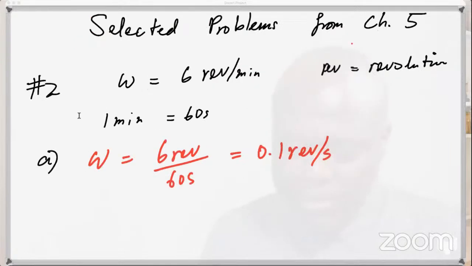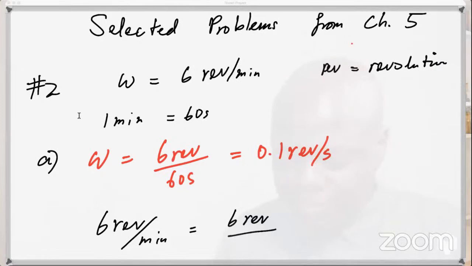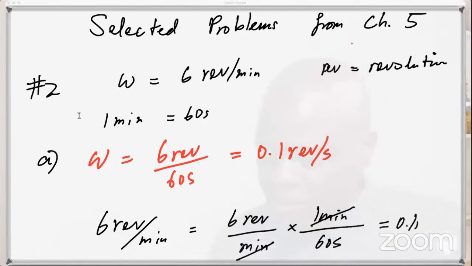And by this same approach, you could also say 6 rev per minute equals 6 rev over minute times, we know 1 minute is 60 seconds. So minutes cancel, and then you end up with the same thing, 0.1 rev per second.